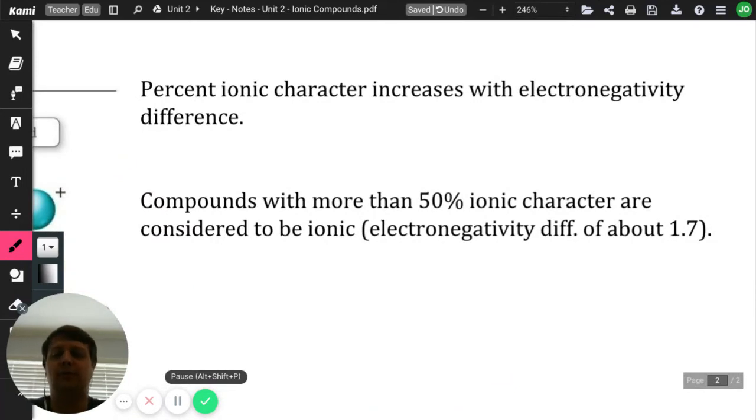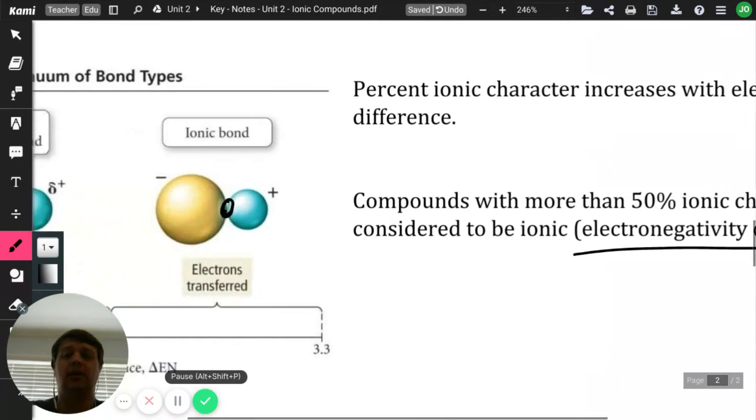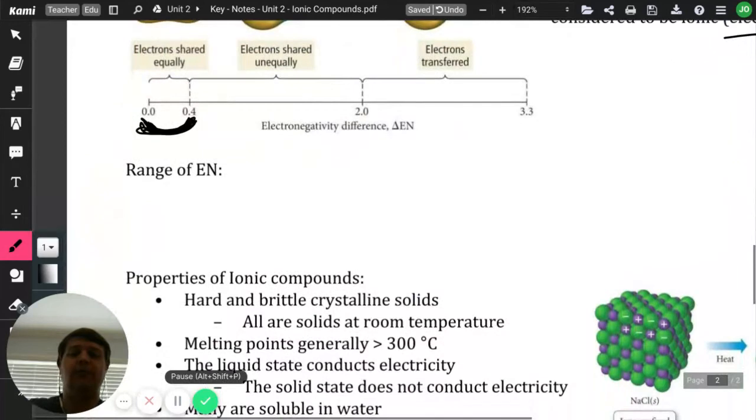Now, what do I mean by 50% ionic character? I mean that it's pulling that electron 50% closer to the other atom. So we're pulling it really far away from the other atom, but it's still not completely lost. To be completely lost, which would be true ionic, we would have to take that electron completely away, and that's where we see an electronegativity difference of about 1.7 is what we're typically looking at.